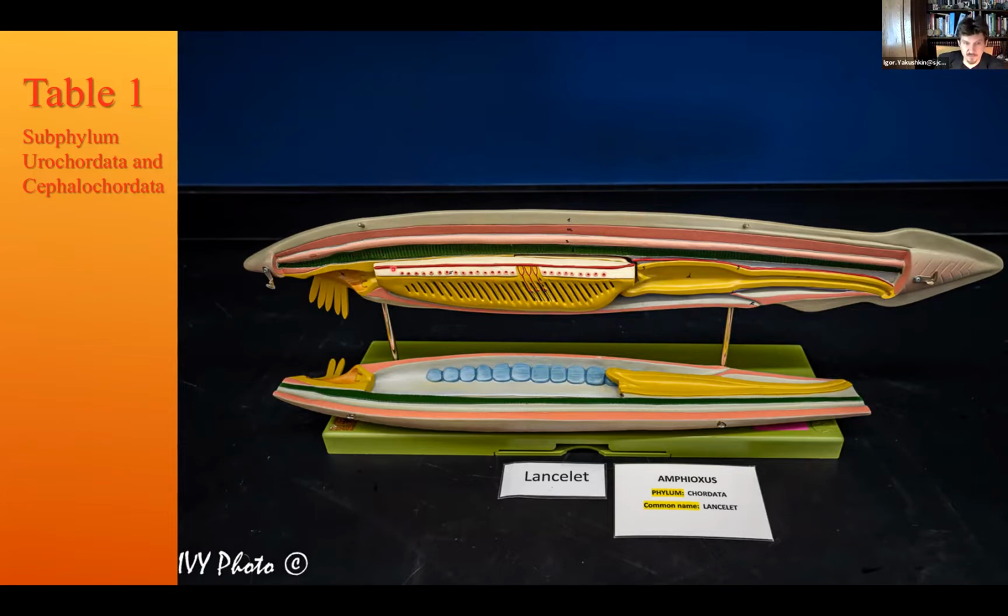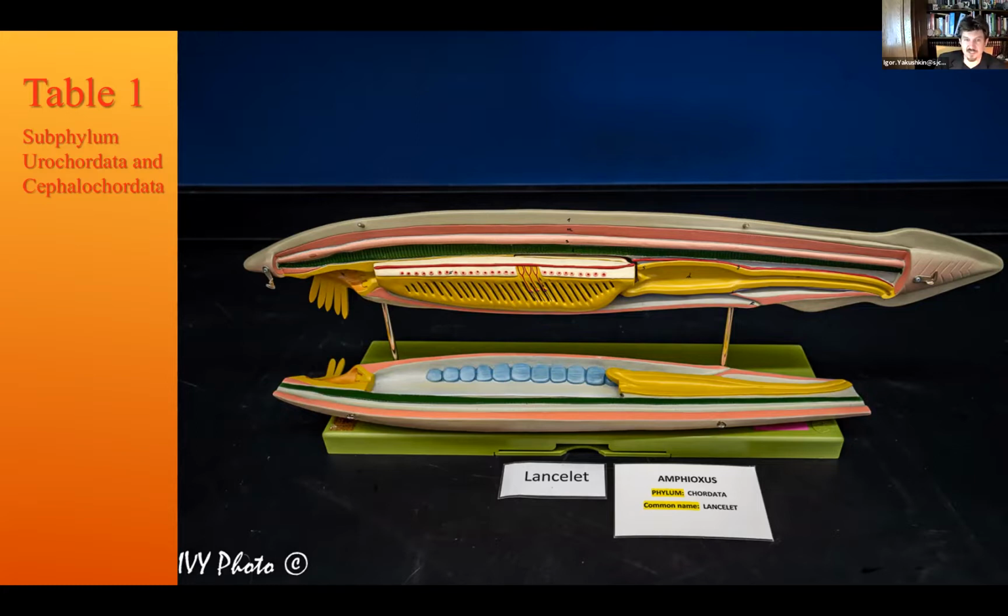So in this particular case, gill slits, of course the mouth, the tail. But in this case, what we're looking at is gill slits, the notochord, the green part, and the dorsal nerve cord. The creature known as a lancelet, also known as Amphioxus. Again, in the videos which you should be watching, it talks about the Amphioxus a little bit.